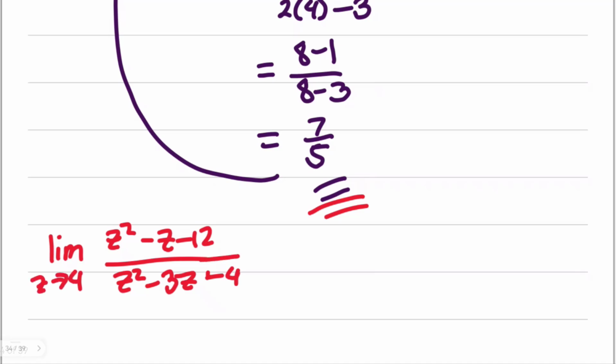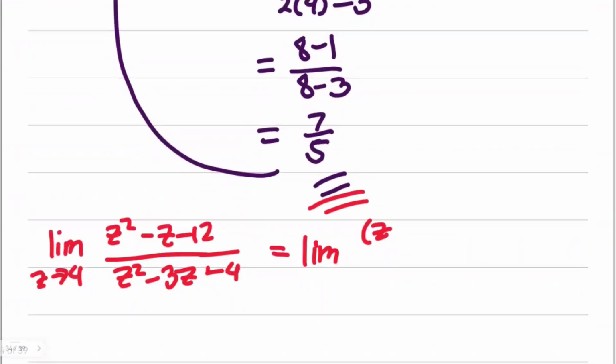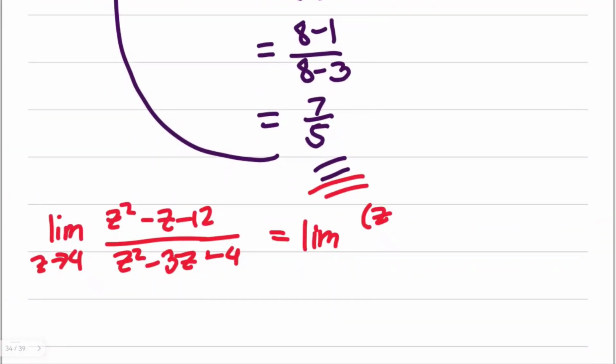Again, this is an indeterminate form, but if we factor our numerator, using factoring you will see here z minus 4 times z plus 3, because your AC here is negative 12 and you will have negative z. So z minus 4, z plus 3.